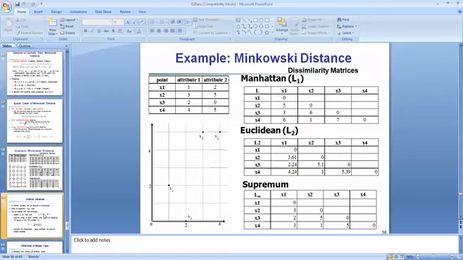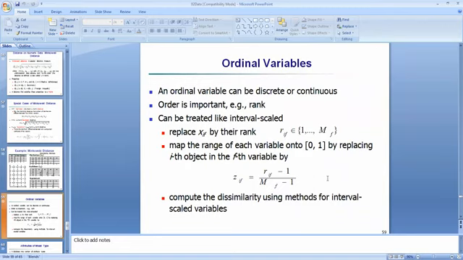Now we will see the ordinal variables. An ordinal variable can be discrete or continuous. What is important in an ordinal variable is that the order is important. Order is nothing but the rank, and it can be treated like an interval scale also.